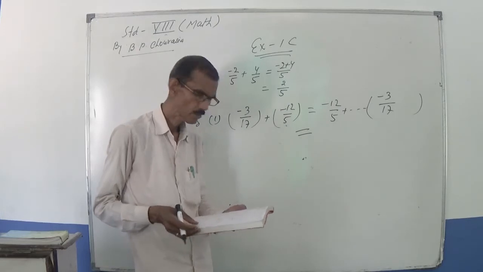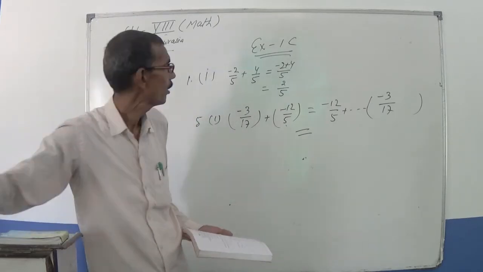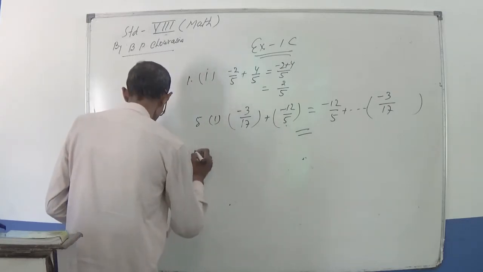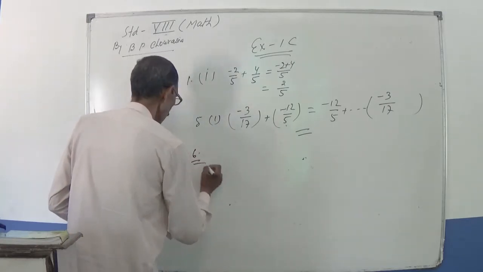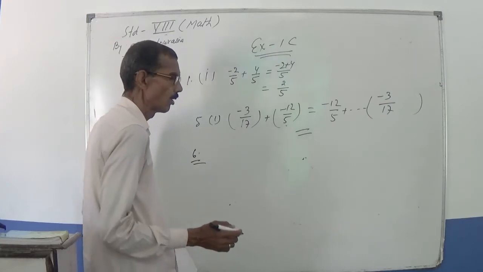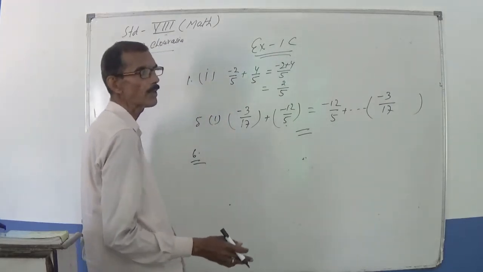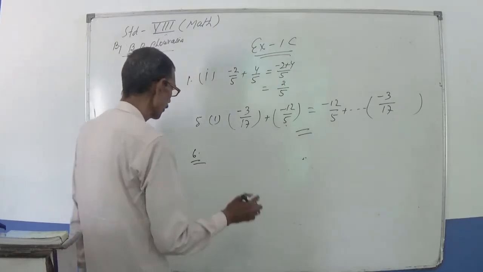Find the additive inverse. You already know about additive inverse. Question number 6. The negative of any given number is the additive inverse of that number.